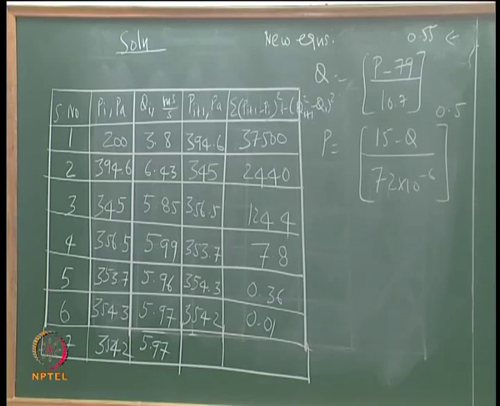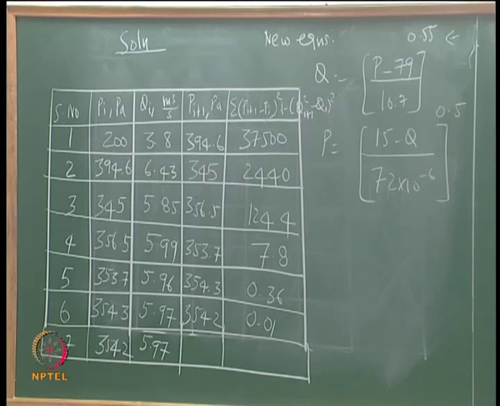I plotted the two equations. How do I show it now? I should use this equation again.